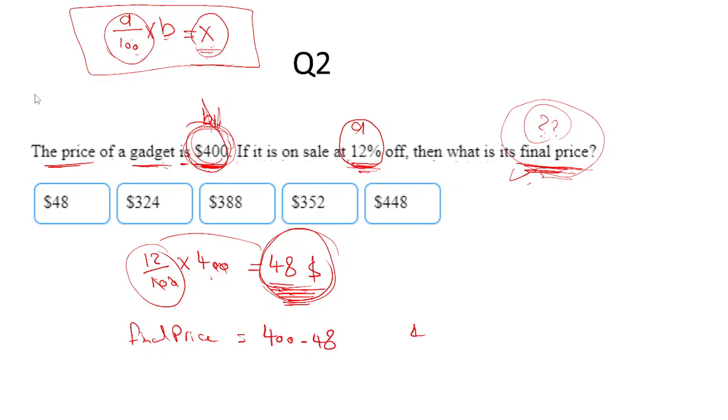So let's go here, 400, 48. We just subtract: 2, 9, 5, 1, 3. So it will be $352. Okay? Very simple. So let's move to question number 3.